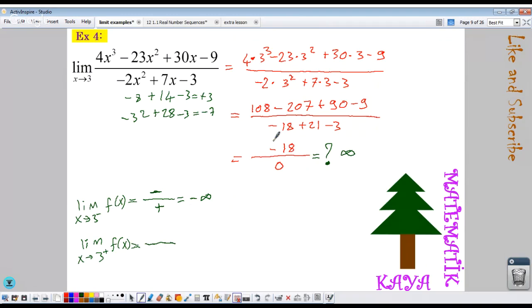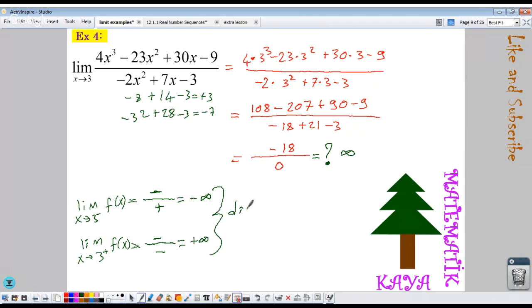The numerator part will again be around minus 18, which is a negative result. It can be minus 16, minus 17, or minus 19, it doesn't matter. So negative results around 3. What about the denominator that I checked with 4? When it approaches 3 from the right side, it's going to be a negative result. So minus over minus is plus infinity.